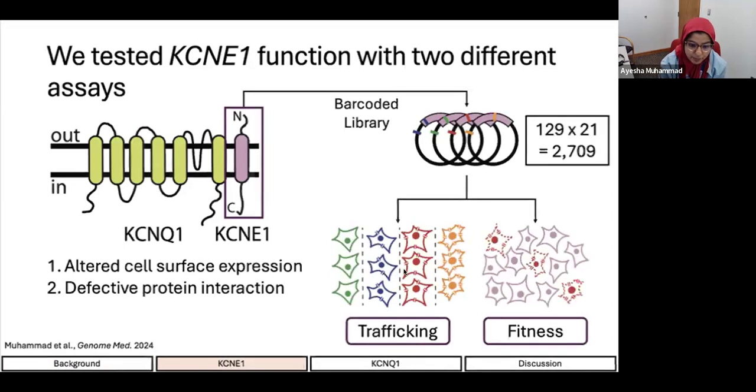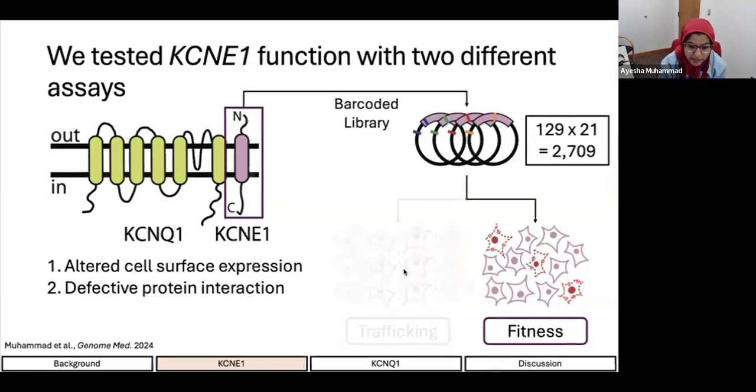For purposes of time, I'm only going to talk about the fitness assay today. Just to give you a sense of what our space looks like, KCNE1 is a 129 residue protein. So we aimed for a library that included 21 variants at each position, aiming for a library of 2,709 variants.